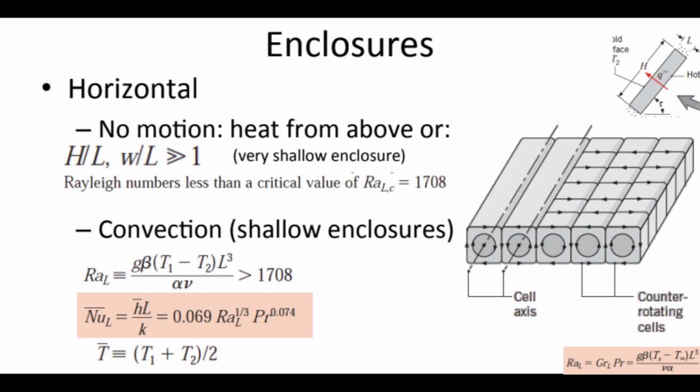Now, if it is a flat enclosure and I heat the bottom, now things are different because the hot wants to go up. And the way it does, have you heard about self-organized criticality? Like, it's crazy stuff, right? So what happens is you get these rolls of convection, right?